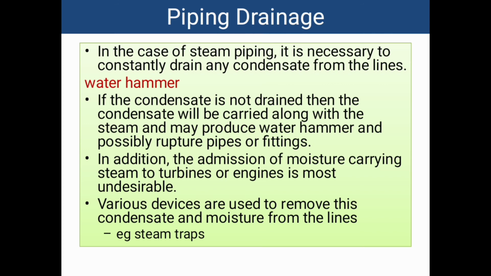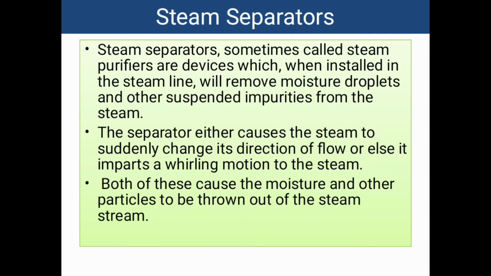This is called water hammer. To avoid this water hammer, now and then at a particular interval of length, we have to drain some steam from the pipelines. That is called piping drainage. So we have to provide drainage facilities while designing a piping layout.